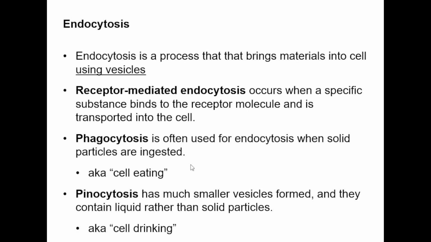If the material that was taken in is a solid, then you call that phagocytosis, or cell eating. But when the material that is taken in is a liquid, then you call it pinocytosis, also known as cell drinking.